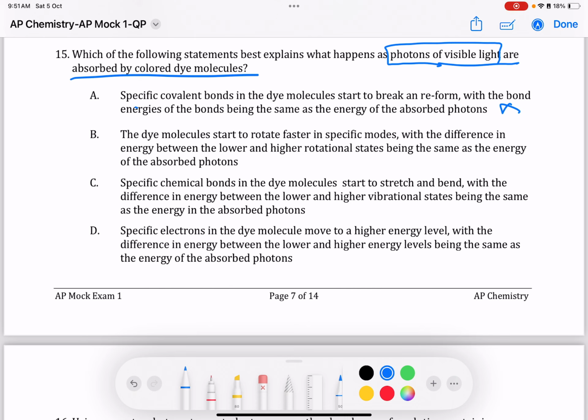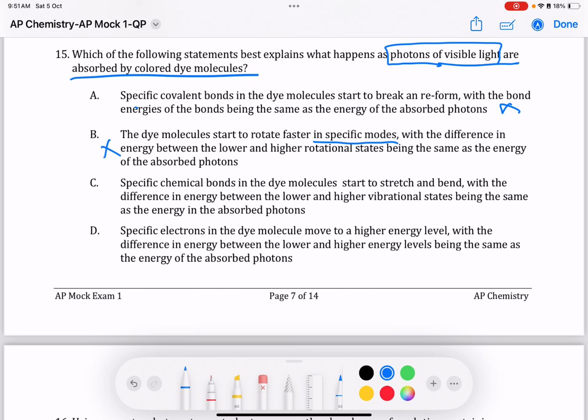It has nothing to do with breaking the bonds. The dye molecules start to rotate faster in specific modes with a difference in energy between lower and higher rotational states. No, when we direct a light, the rotation stays the same. It doesn't change. This is not the correct answer.